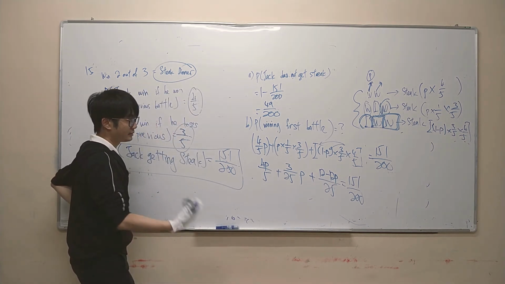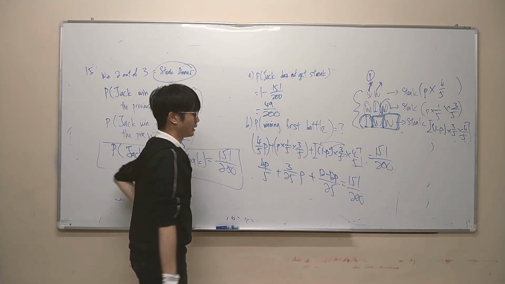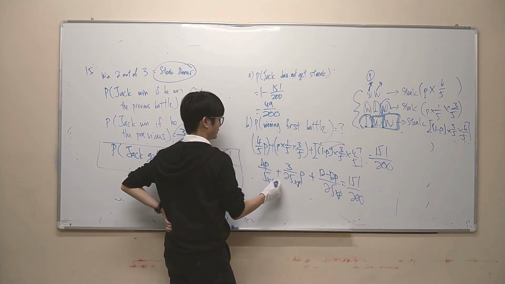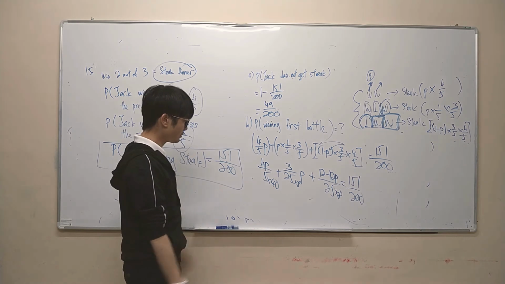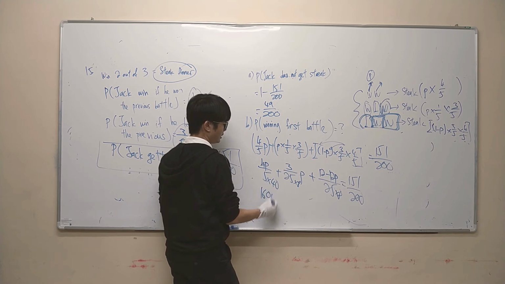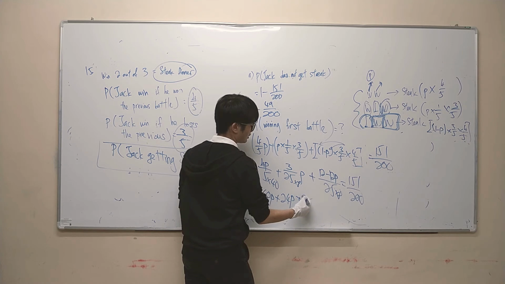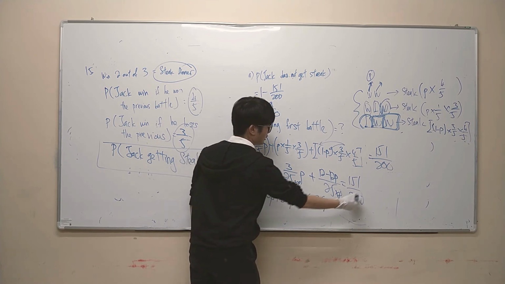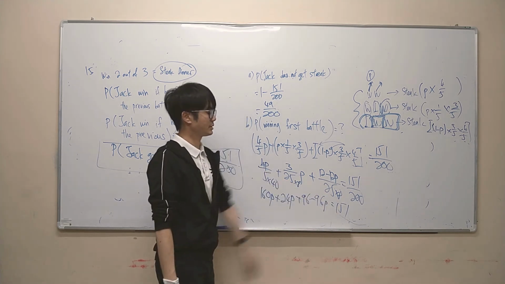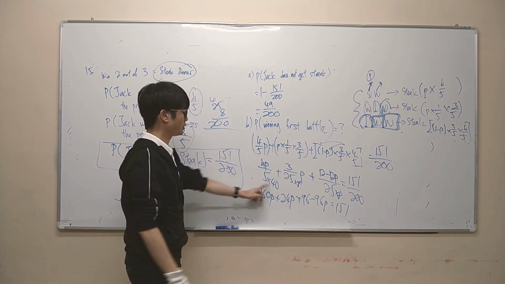And then how to do? Make the denominators the same. How? Times 8. This one times 40. Okay? So 4 times 40 is 160P, this one times 8 is 24P, this one times 8 is 96 minus 96P. The 151 over 200 stays because it's already over 200. I take this one times 8 because 25 times 8 is 200. So this one also becomes 200.